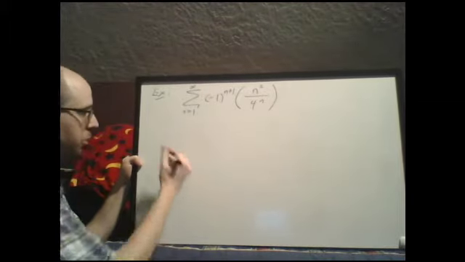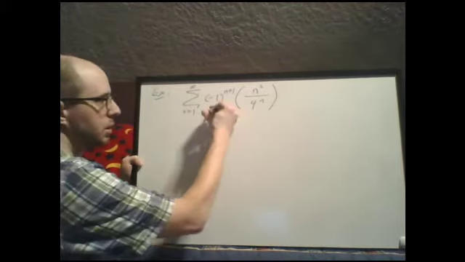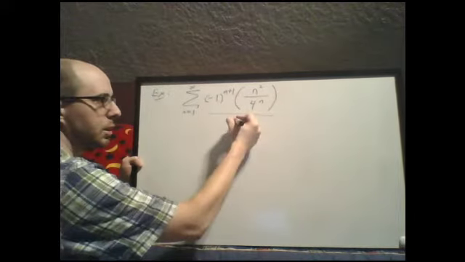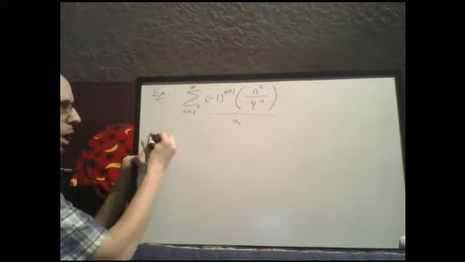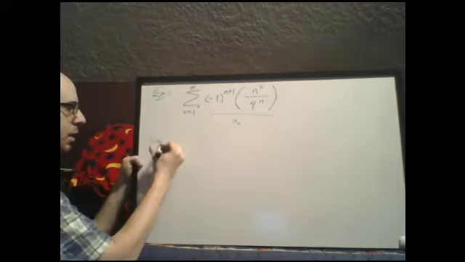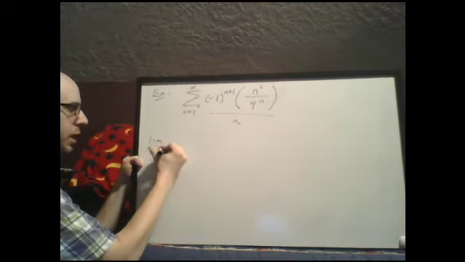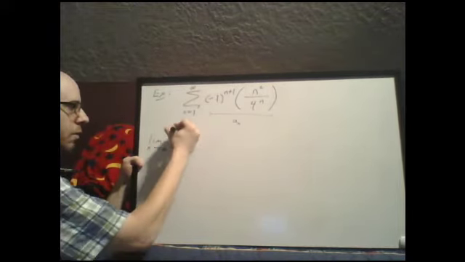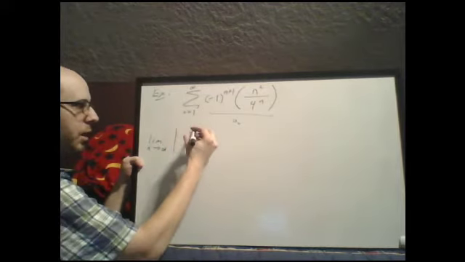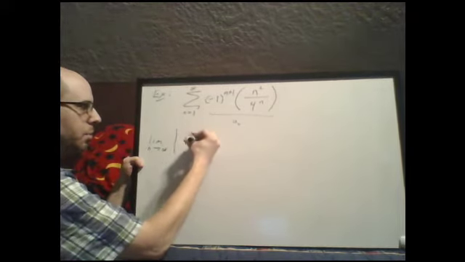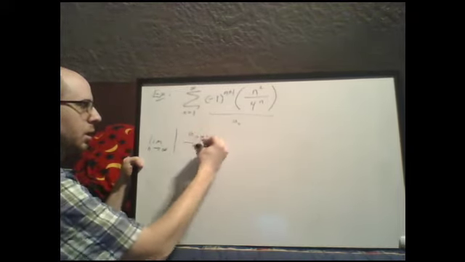So what I do is, this whole thing, that's an. So I want to look at the limit as n approaches infinity of the absolute value of an plus 1 over an.